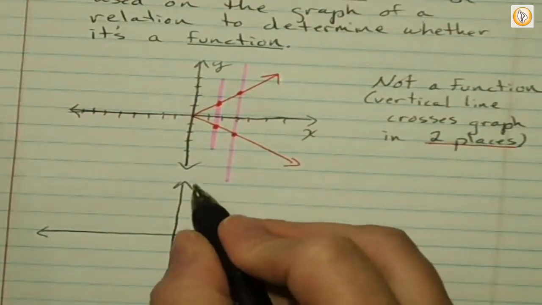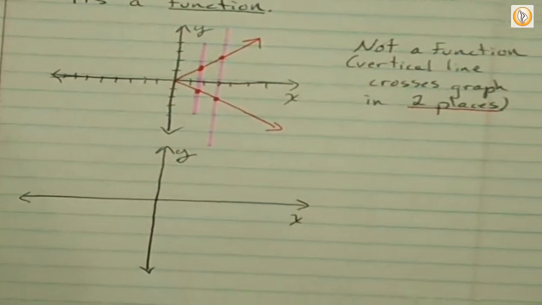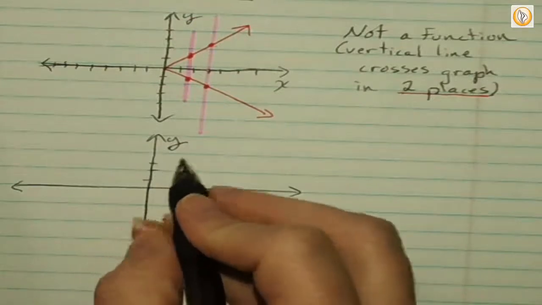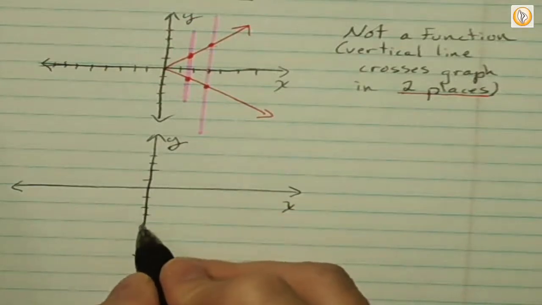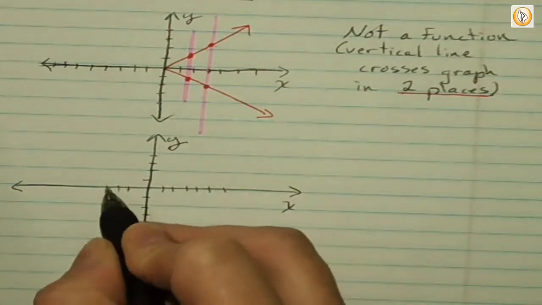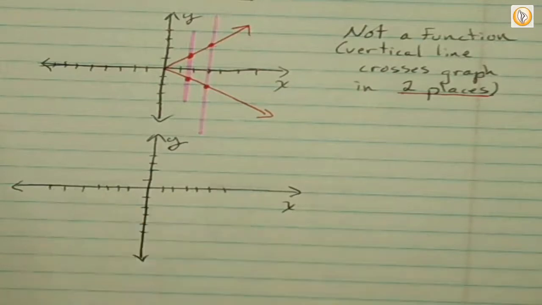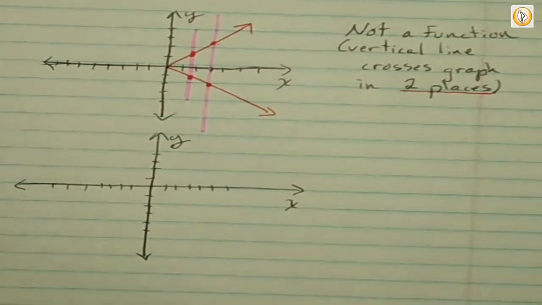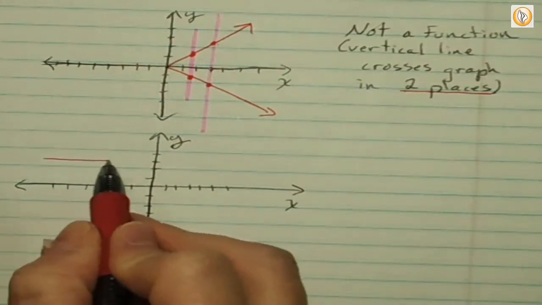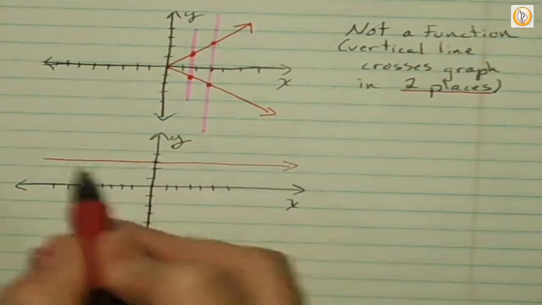This is my x, this is my y. Now let's say this time, this is my Cartesian plane, not my graph. Let's say this time my graph is going this direction.